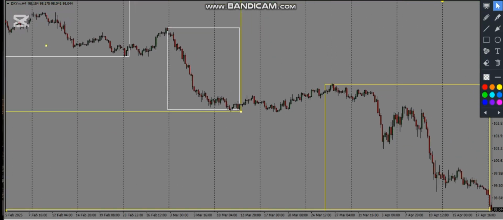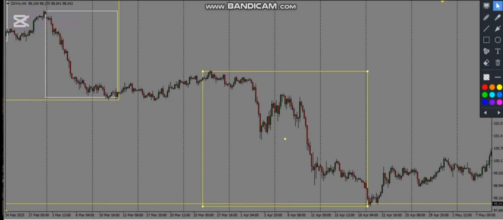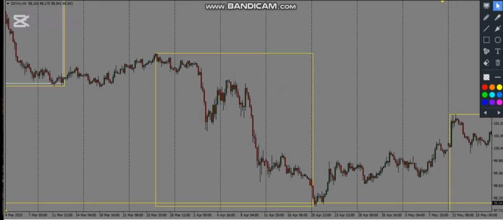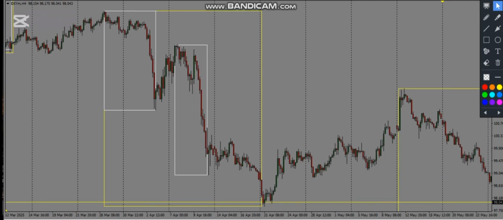Now move on to the second level. In the second level we also have a first level of drop, a second level of drop, and a third level of drop in it.